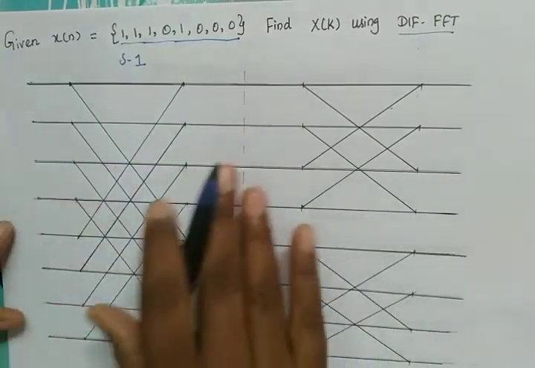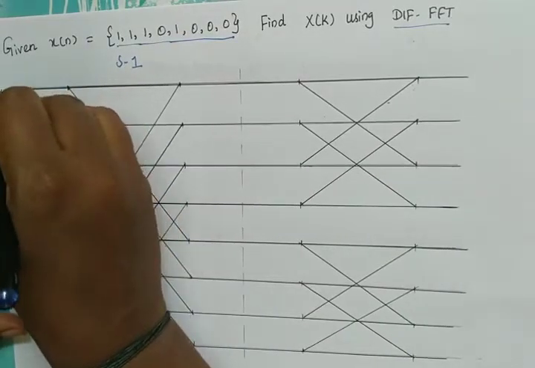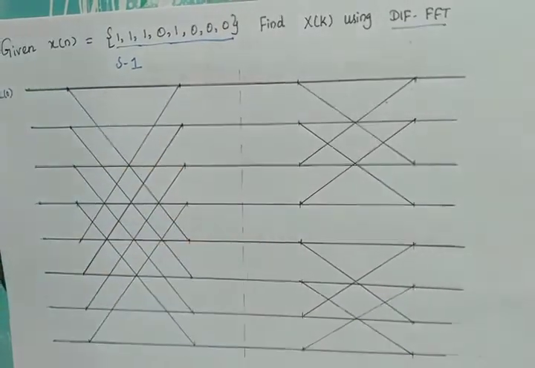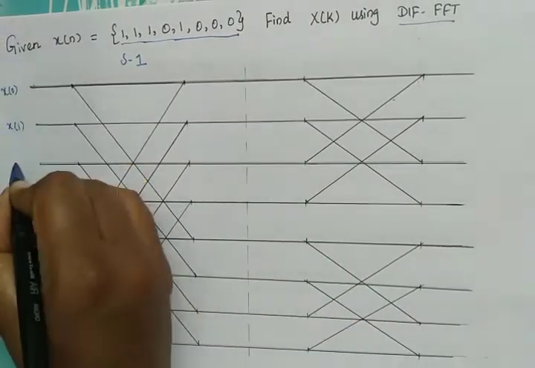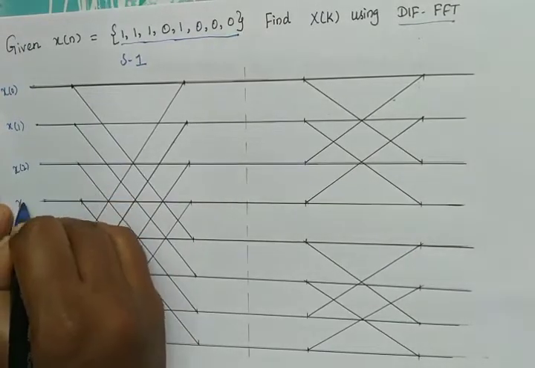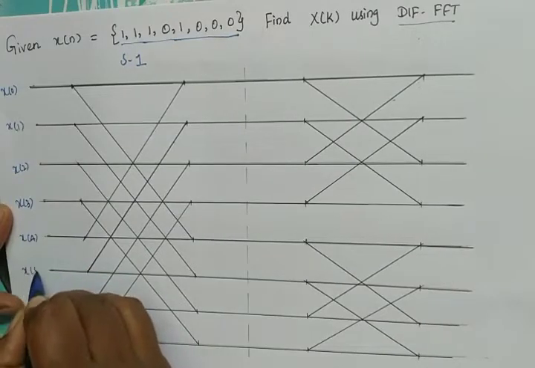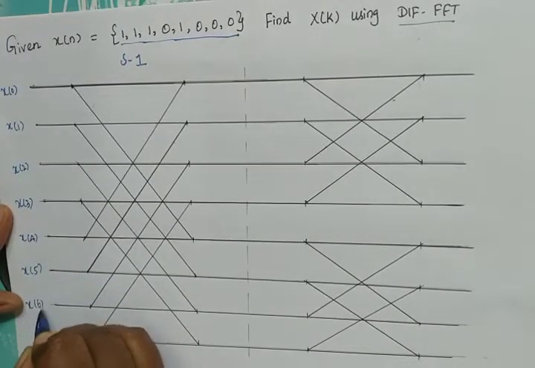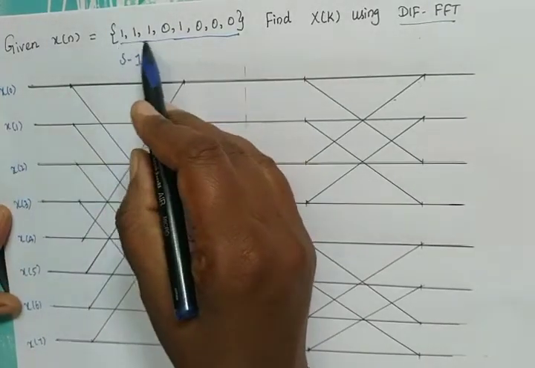Now let us take the input in the original order, x of 0, x of 1, x of 2, x of 3, x of 4, x of 5, x of 6, x of 7. Now what is the value of x of 0, 1, 2, 3?